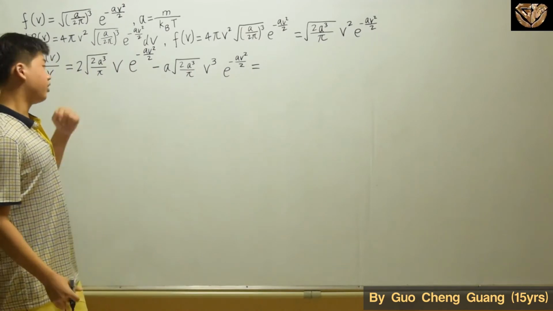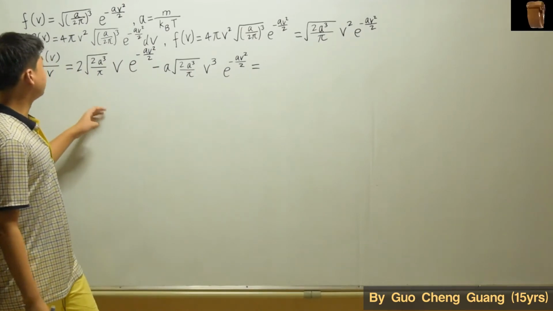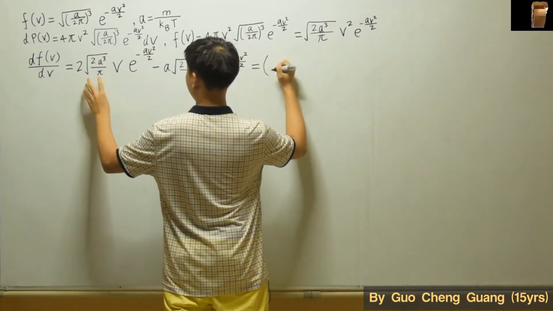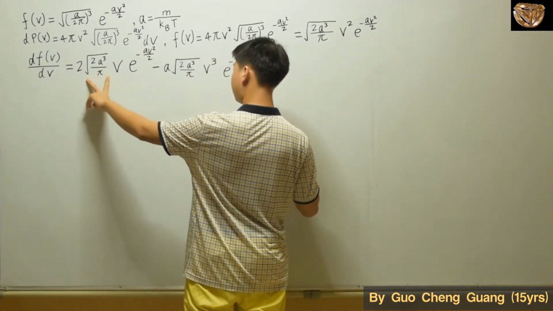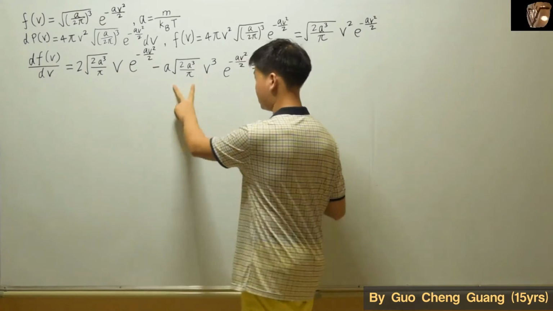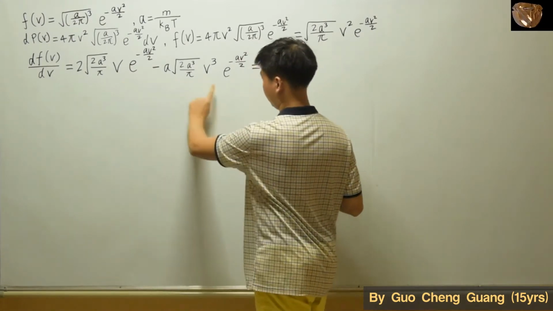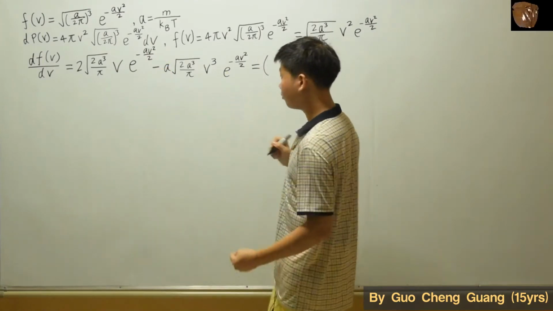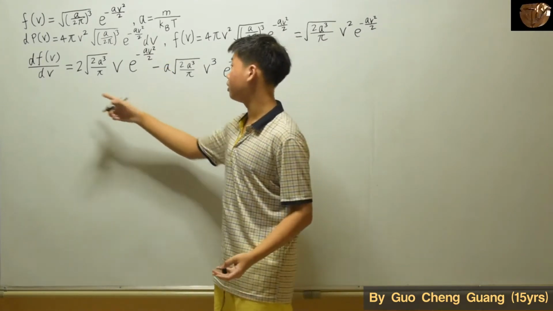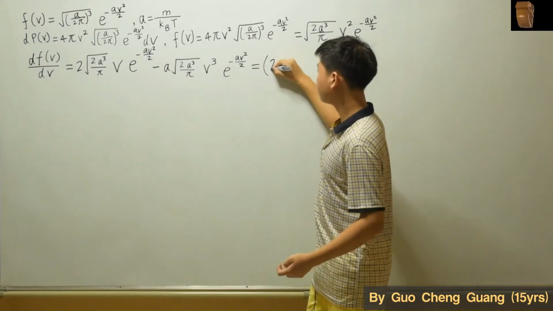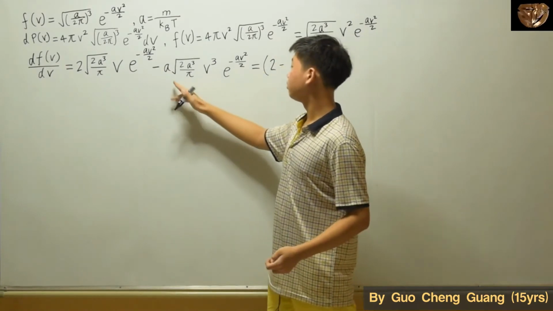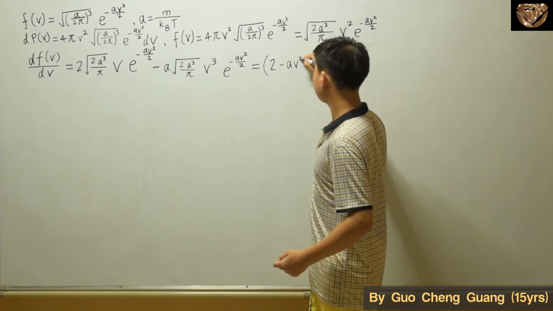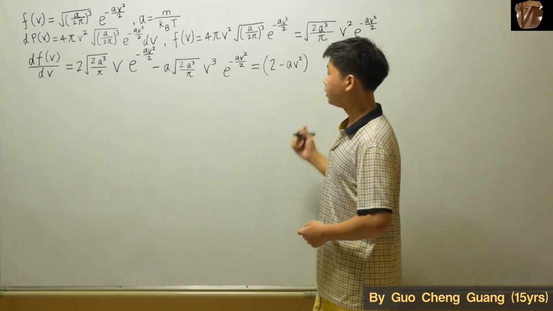So let's factorize the parts that look similar. You have square root 2a cubed over pi, which is present in both. You have v, which is present in both, and you have the entire e to the power, which is present in both. So which parts are not present in both? You're going to have 2 from here, and a v squared here.